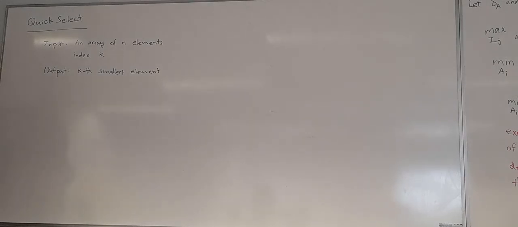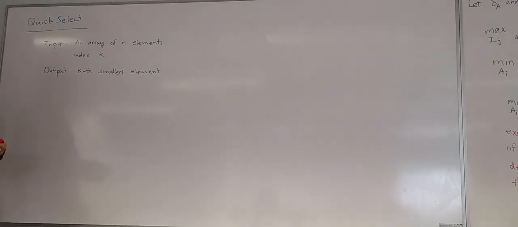Now, if k is equal to 1, you just need to give me the minimum of the array. So you can definitely solve that in linear time. You can just go over the array. If k is a small number, you can also do the same. You can just go over the array and always keep track of the k smallest elements that you have seen until this point, right?